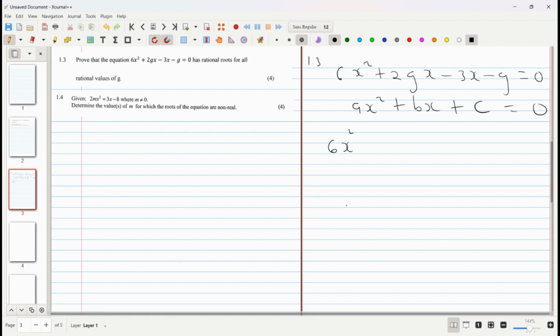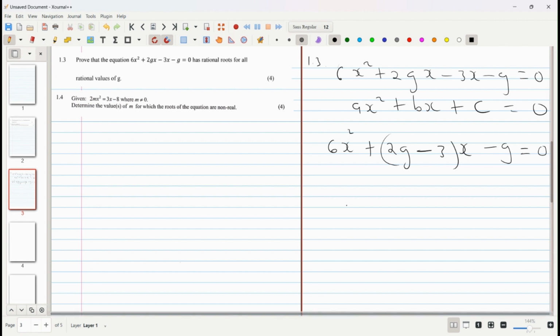So we'll have 2g minus 3, and then this will be multiplied by x. So this will be the coefficient of x, as we see from bx. So what is our constant? Our constant is minus g. Okay, so in this case, we'll have minus g equals 0.